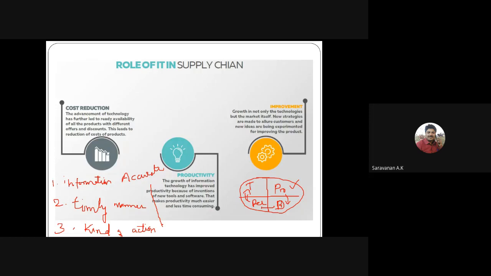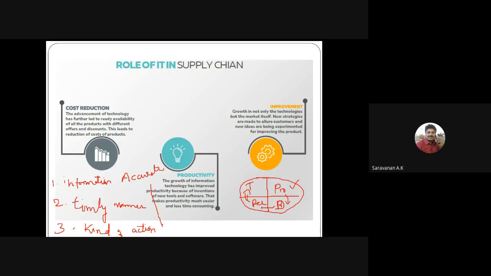Then the information must be accessible in a timely manner. Often the accurate information exists, but by the time it is available, it is either out of date or it is not in an accessible form.